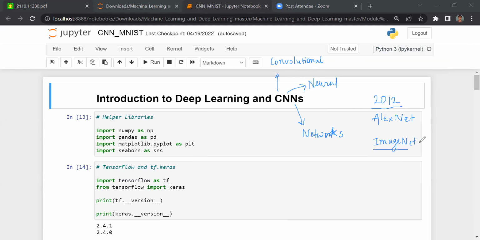This was an international challenge where all the machine learning participants came with their own models to identify images. You were given a certain image, and you had to tell what the image is.